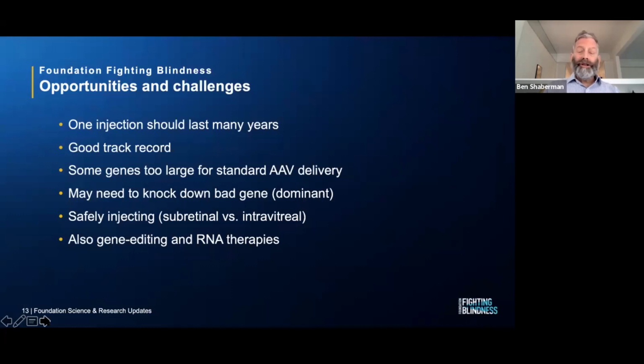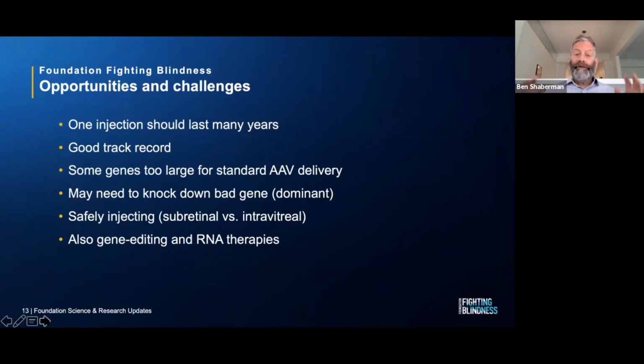One of the challenges with AAVs is there's a limit to what one of those containers can hold. And some genes, for example, the genes USH2A and CEP290, are too big for these AAV containers. But what some researchers are doing is they're coming up with other AAV alternatives to handle these large genes.